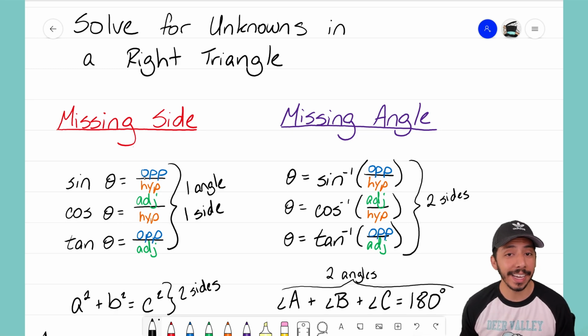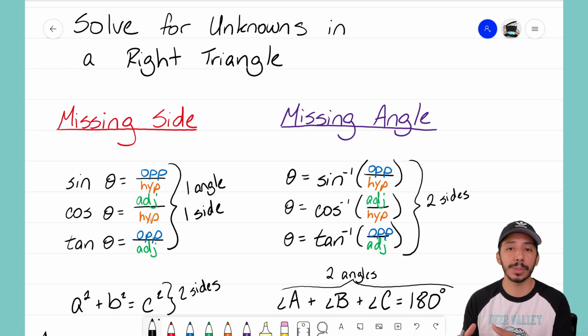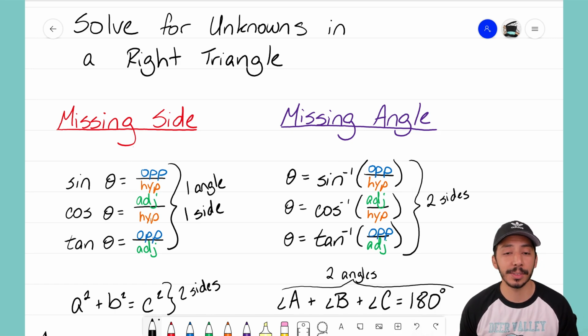Sine of theta equals opposite over hypotenuse, cosine of theta equals adjacent over hypotenuse, and tangent of theta equals opposite over adjacent. And remember, those sides all rely on this reference angle here, right? That reference angle is another angle in that right triangle besides the 90-degree angle.